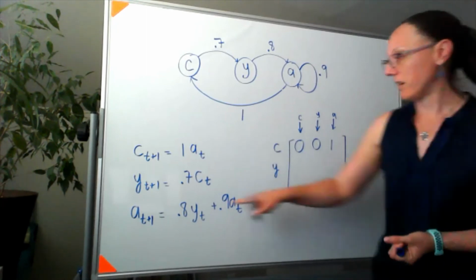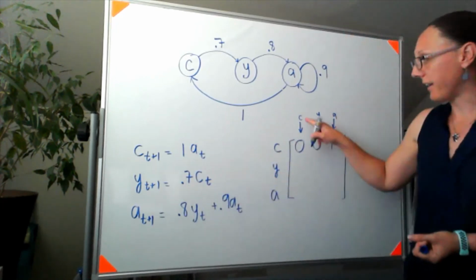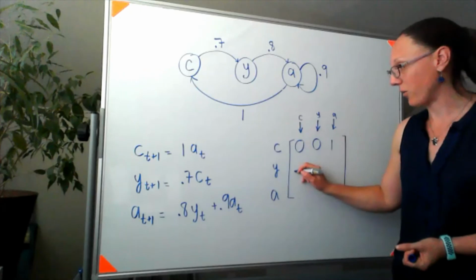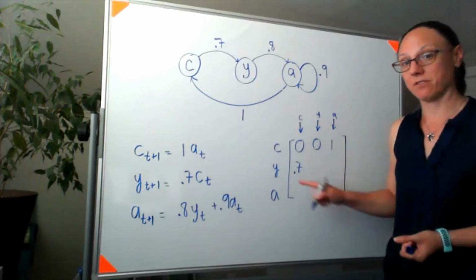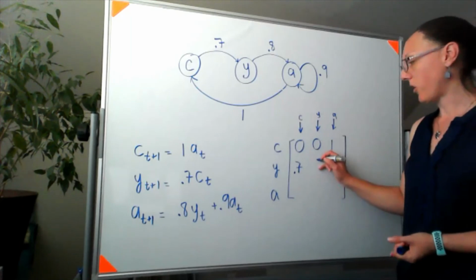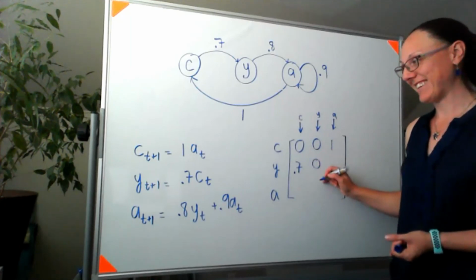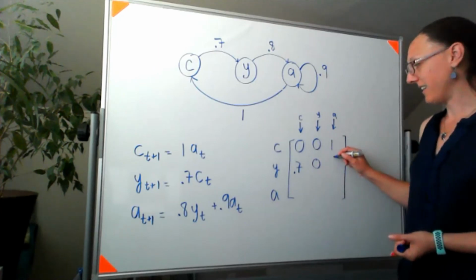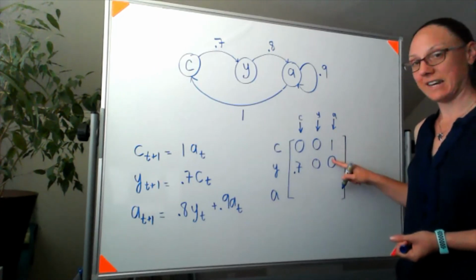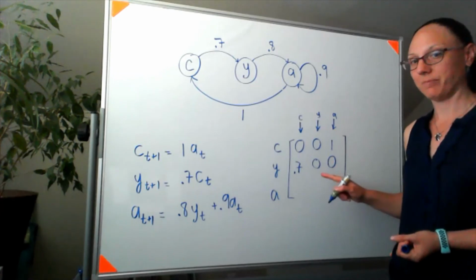For our yearlings, I know that from the calf category, that's going to be a 0.7 because 70% of our calves grow up to be yearlings, but our yearlings don't get to stay yearlings, and adults don't get to regress in age and somehow get younger.